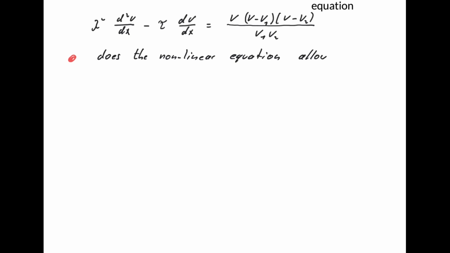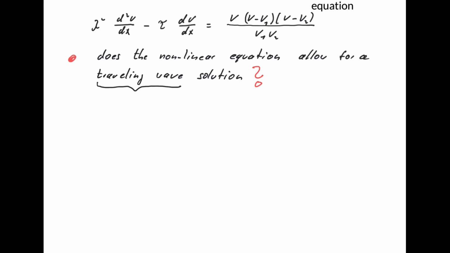Now we are interested in solving this nonlinear differential equation, yet with an important constraint. Namely, the question that we were asking is whether this nonlinear equation allows for a traveling wave solution.